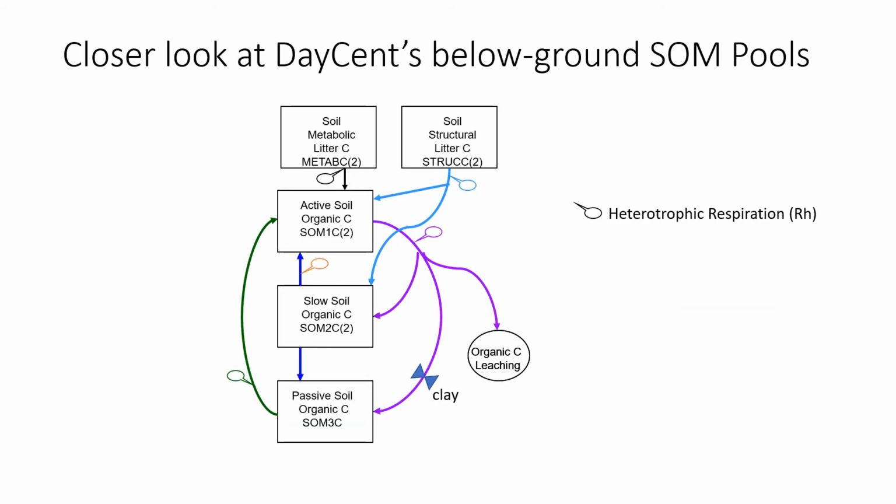I just pulled a small piece out of that much larger diagram of the Century carbon cycle, and this is just looking at the metabolic and structural litter in the soil and 3 of the soil organic matter pools in the soil. So I just wanted to review some of the things that I've just talked about. The main thing to remember here is that these pools are based on their life, how long they persist on average.